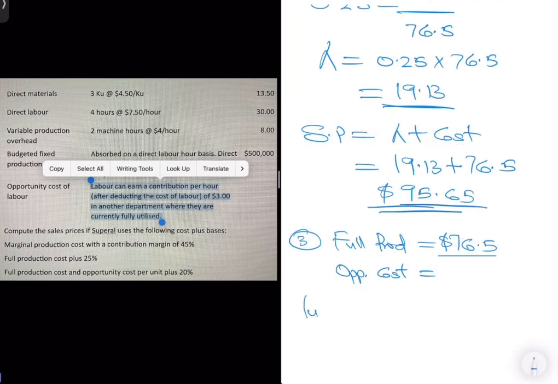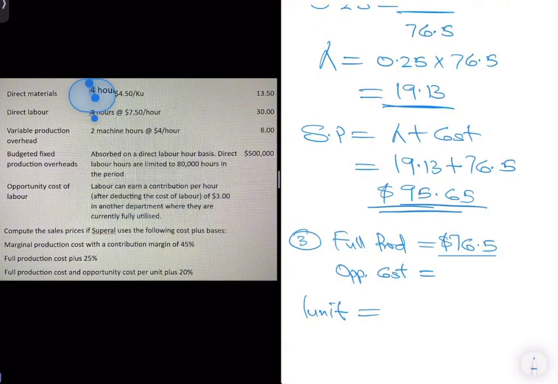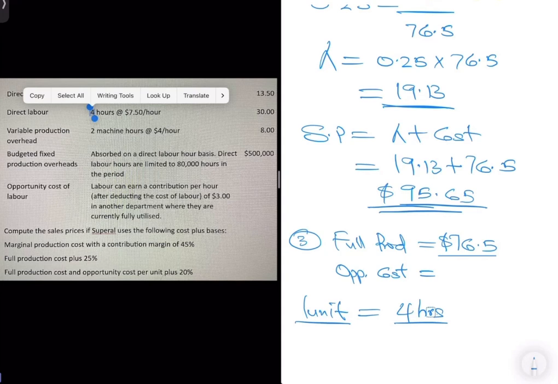I know that one unit will require 4 hours of labor. So for every unit they help us to produce, we'll be taking them away for 4 solid hours. And 4 hours means that we'll be losing a total contribution of 4 times 3. So we'll lose contribution of $12.